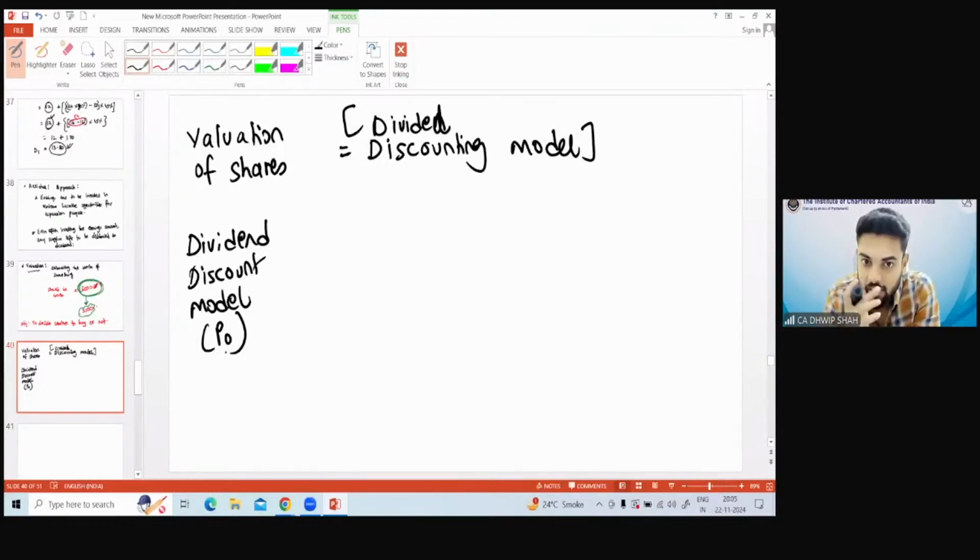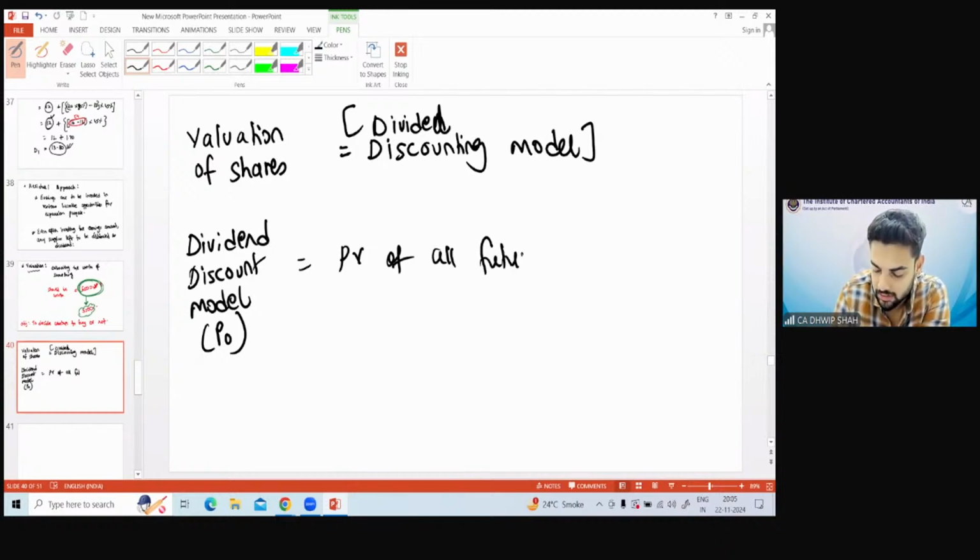So as per the dividend discount model, the price of the share today is based on the present value of all future cash flows from that share.